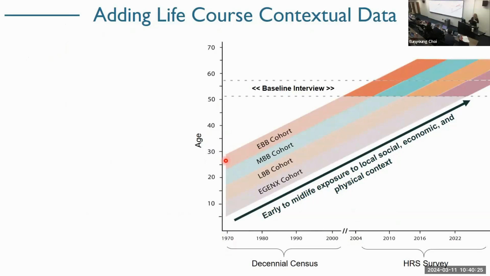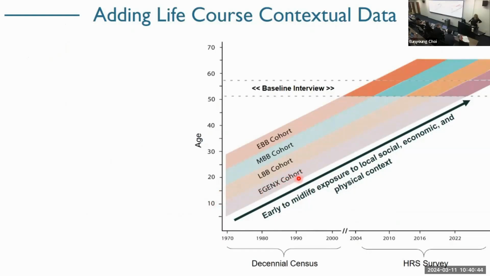We could pick these people up in their 20s to 30s. We'll know what's going on with them until they start their baseline interview, and then we follow them through older ages. The mid-baby boomer cohorts, we can pick up in their 20s. The later baby boomers, we can pick up from adolescence.